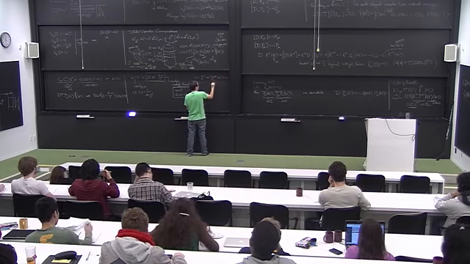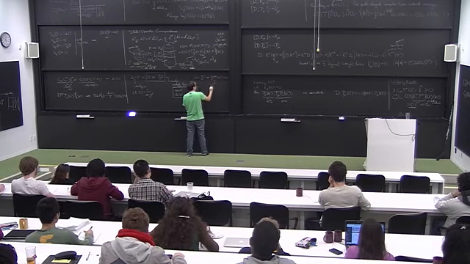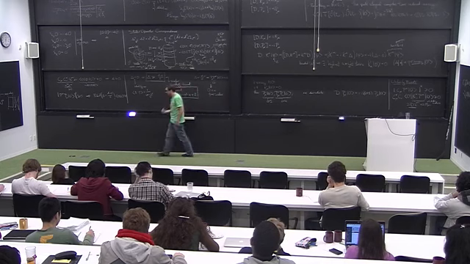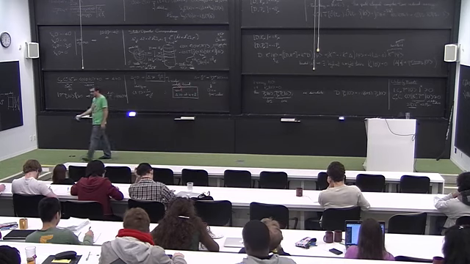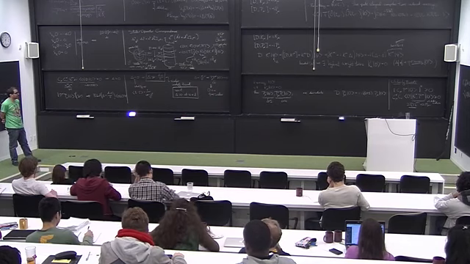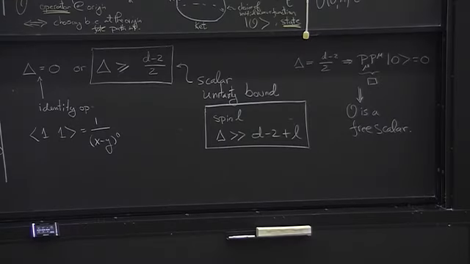This is nothing but the Klein-Gordon operator box. This is telling you that O is a free scalar. So for a free scalar, and only for a free scalar, you can have the bound being saturated. If you have a free theory, it is saturating the bound, otherwise it is strictly bigger.